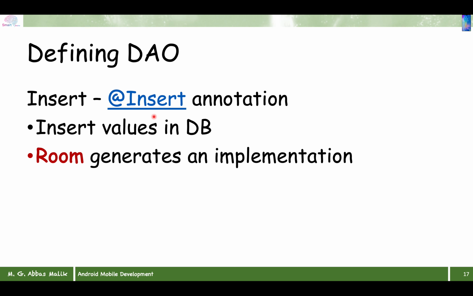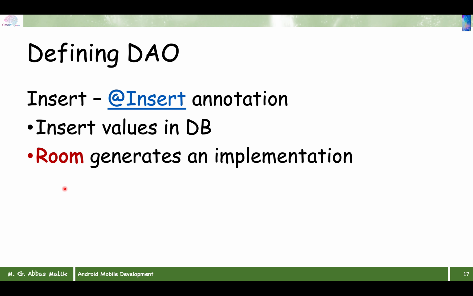If you are passing a course parameter, it will add that information inside the course table. And if you are passing an object of student, it will automatically add that specific information inside the student table. So based on the parameter, it decides which table it is going to insert the information into.